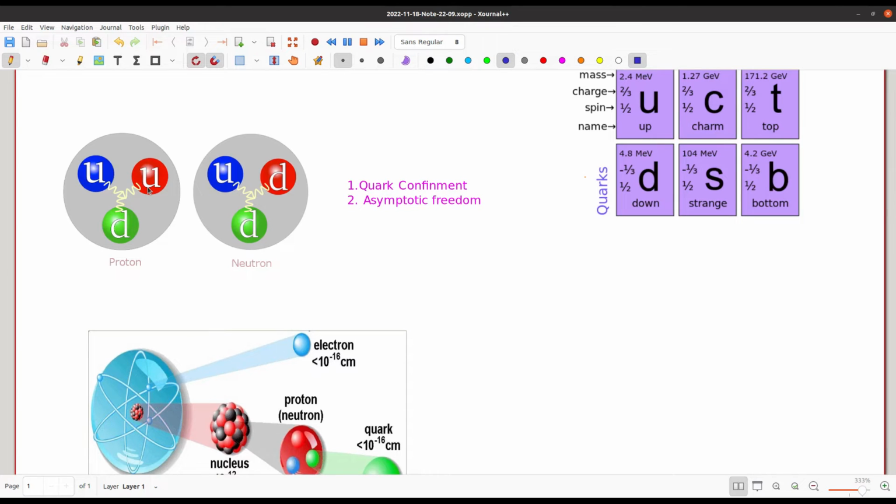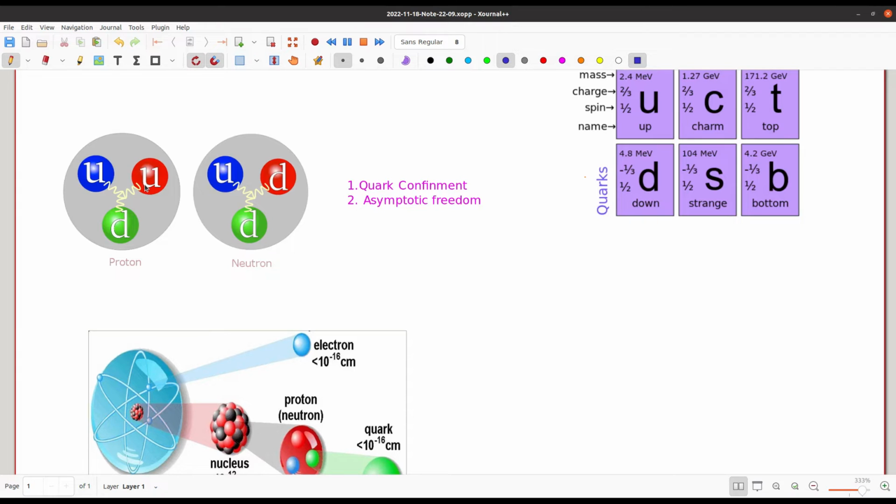At some point you can stretch it and it will break, and then it will create a new baryon and a quark and anti-quark pair. So that means a quark under normal conditions doesn't exist individually. This is known as quark confinement.